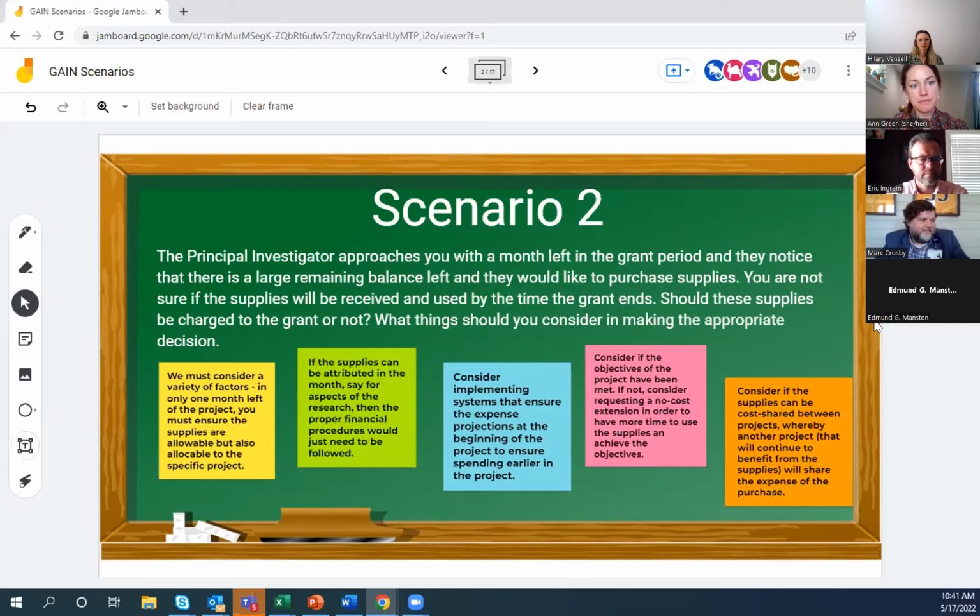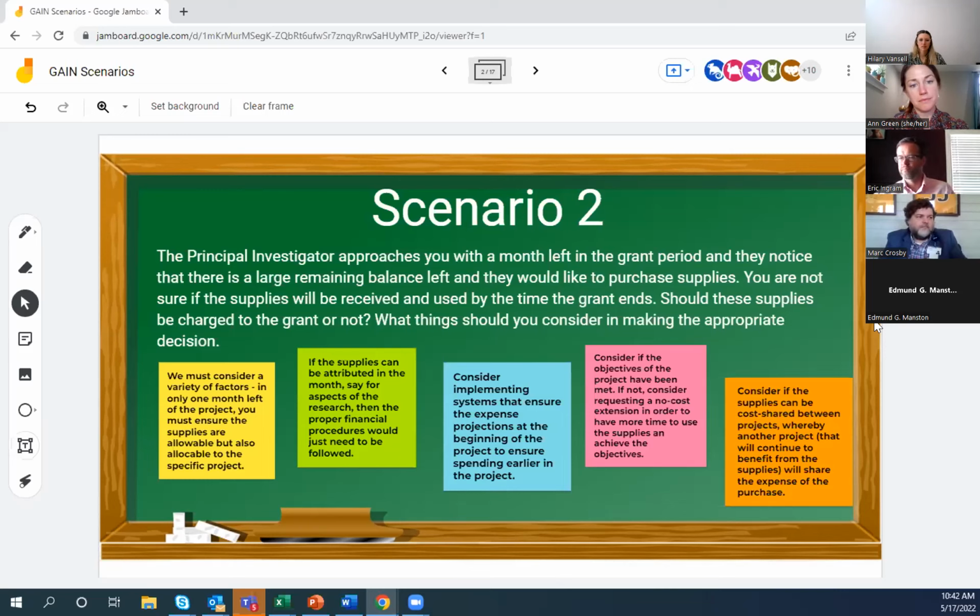One is that we only have 1 month left on the budget, and we want to ensure that, in as much as funding is available, the supplies to be purchased are allowable and also allocable to the specific project before we can consider charging it. Another point was if the supply can be attributed in 1 month to aspects of the research, then we have to follow the relevant proper financial procedures to ensure that we are on course with the expenditure.